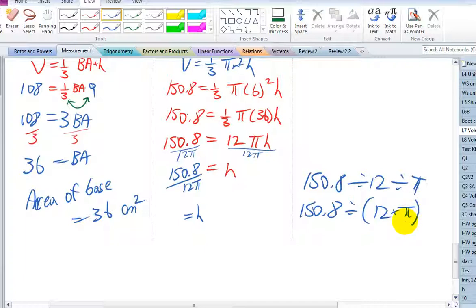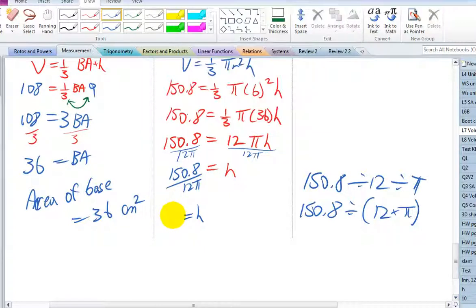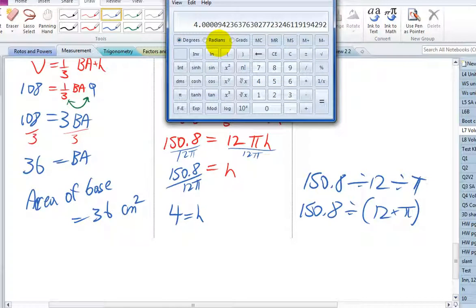Okay, you've got to use the brackets if you're going to press that multiplication button, although your calculator might do something completely different. So we should get 150.8 divided by 12 divided by pi, 4.000. What do you think we should use for height then? 4, right? I mean, look at all those zeros. So that's showing you, yeah, you should just use 4.